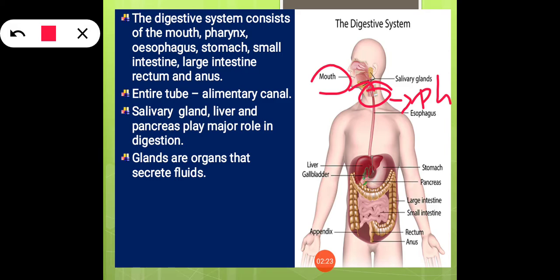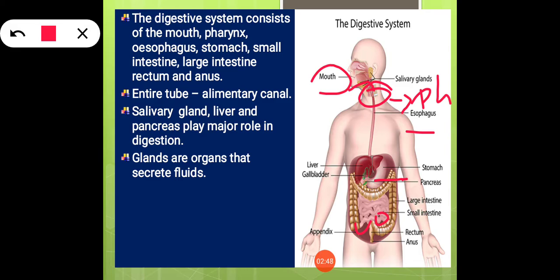The food then enters the esophagus, that is the food pipe. From the food pipe it reaches the stomach. From the stomach it enters the small intestine, and from the small intestine it reaches the large intestine.